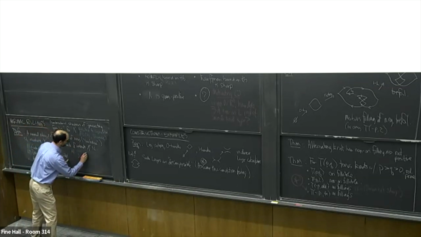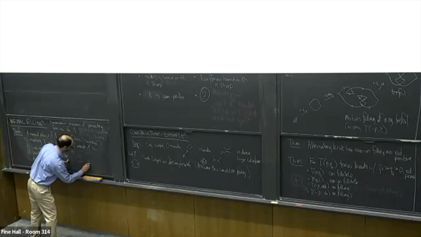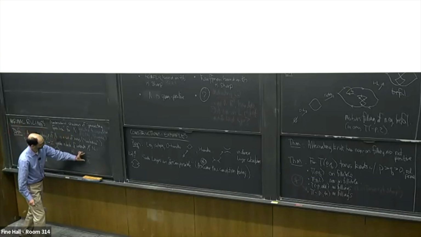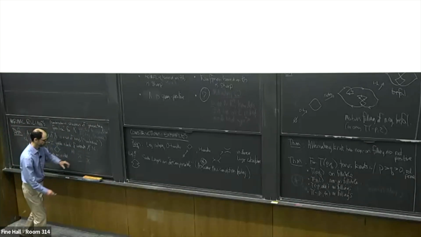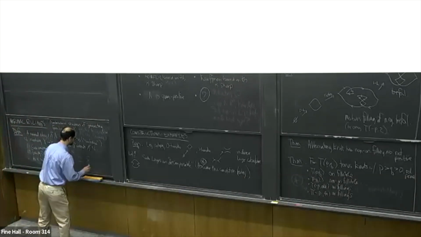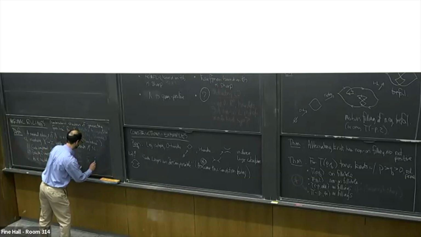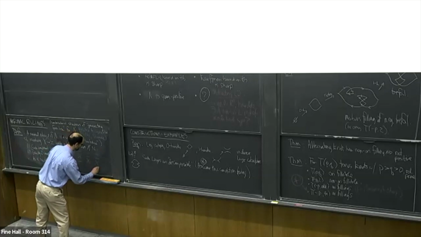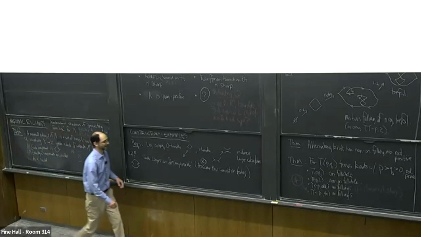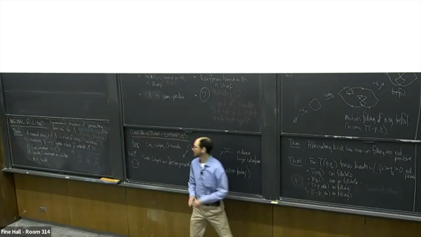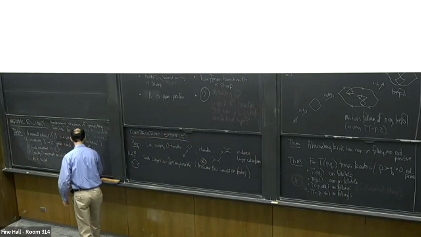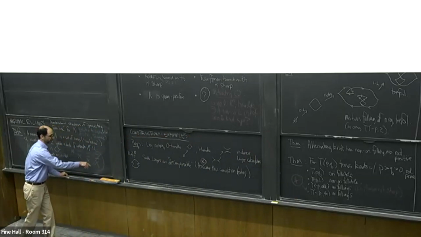Or they can look like that, where the green is nested inside the blue, and that's fine. Or you can imagine that they're interlaced like that, and you want to ban these. So you're allowed to do this and this, but not that.